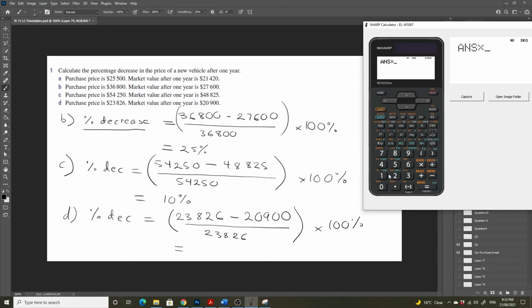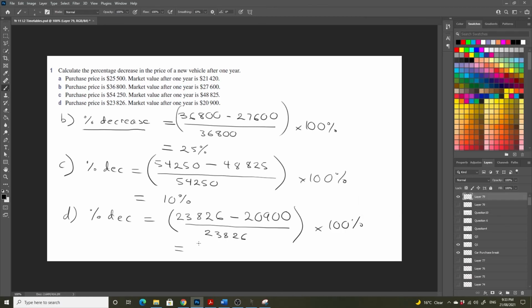And then we're going to times this by 100, not by 1,000. 100. Okay, so we get 12.28%, or we can round it to one decimal place and get 12.3%.